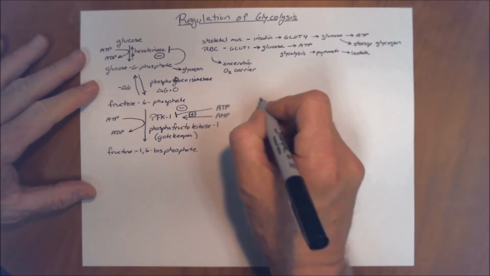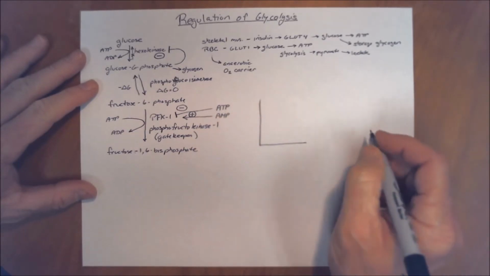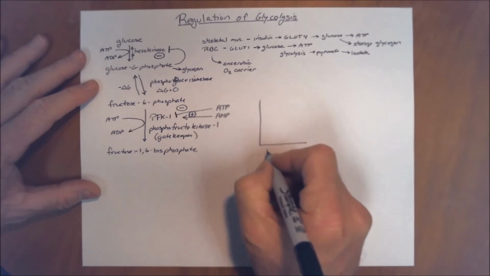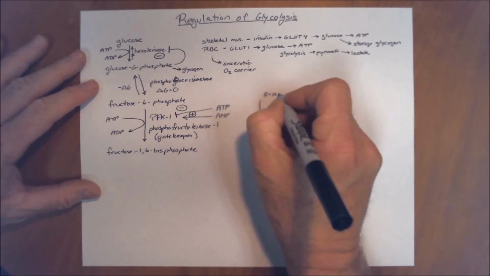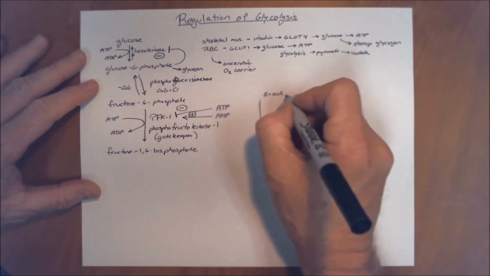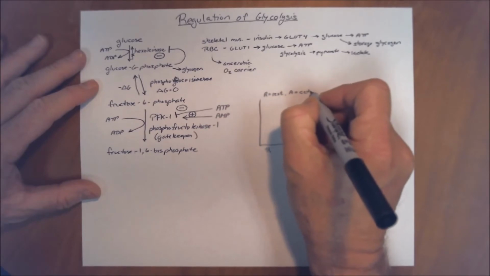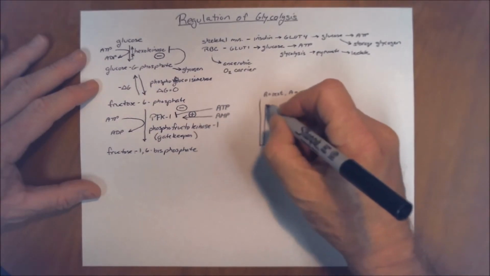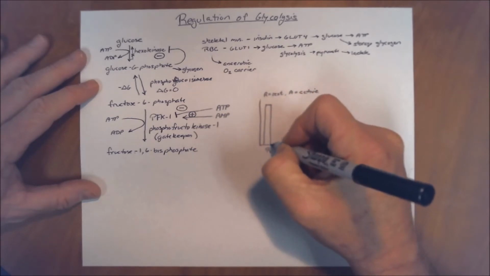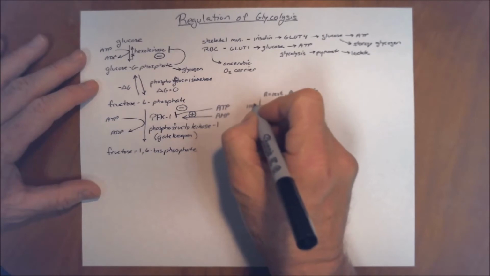Now let's take a look at why this is the case with these levels of ATP. If we look in the resting state, R being rest, A being active, the resting state of our skeletal muscle ATP levels is at 100%.